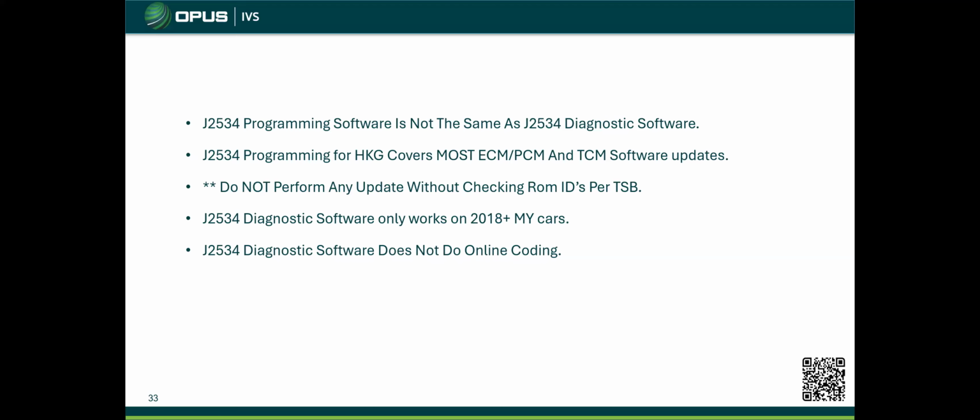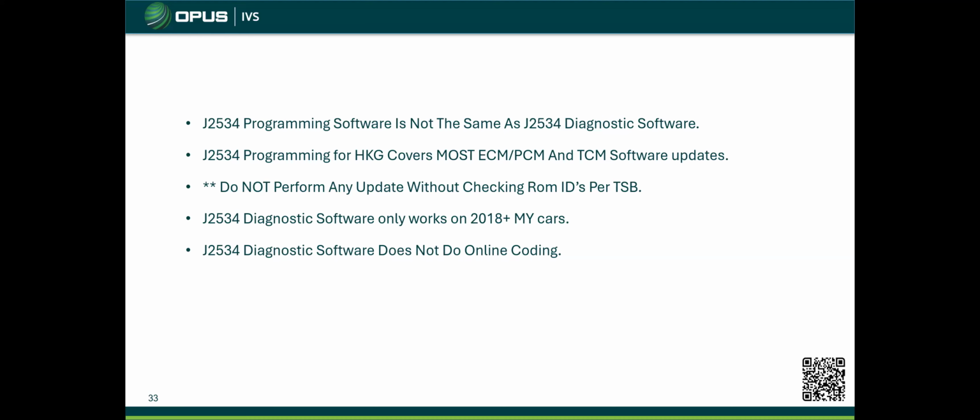The J2534 diagnostic software is essentially their version of a scan tool supplied to us, the independent user. Before doing any updates using the J2534 programming software, be sure to have a TSB.